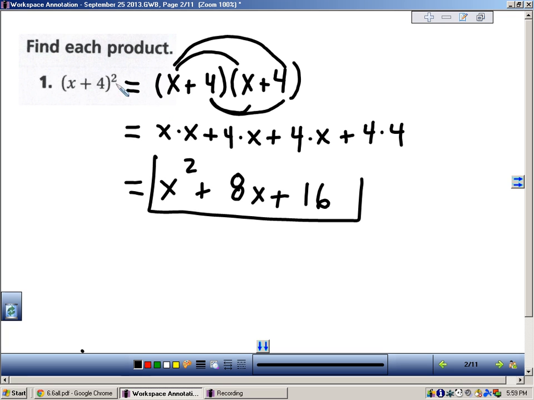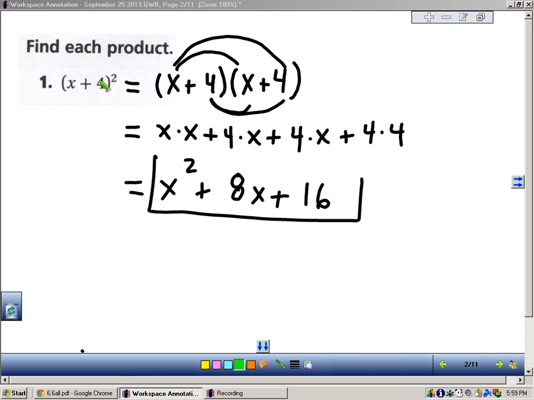And so with the square of a binomial, when the binomial itself is the sum of two terms, it looks like you're taking the first term and squaring it, the last term and squaring it, and then multiplying the first and last term and doubling that to get 8x. So that would be the pattern.